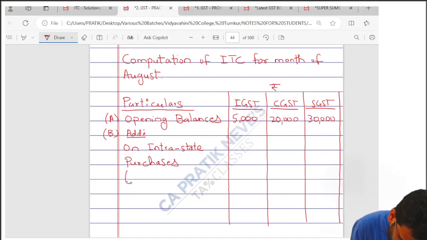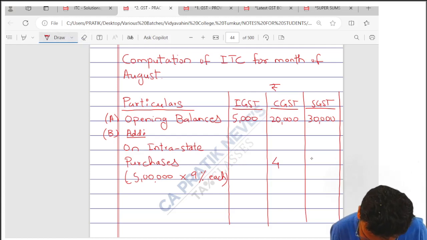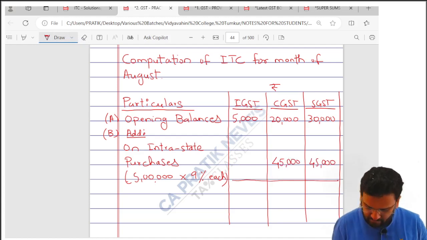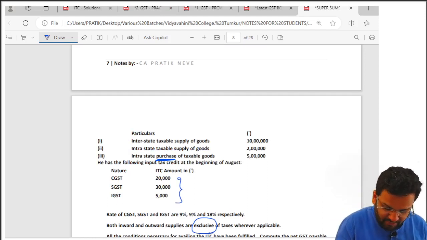Do 5 lakh into 9% each. 45,000. Oh, sorry. 45,000 CGST, 45,000 SGST. You have told me correctly, na? The opening balance is 5, 20, 30. 5, 20, 30, right? Yes.